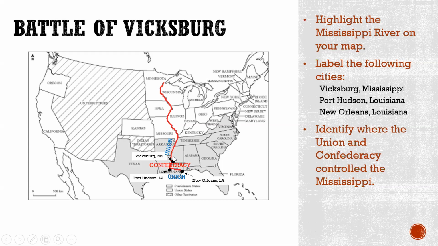However, when the Union takes control at the Battle of Vicksburg, at the Siege of Vicksburg, when the Union takes control of that itty bitty portion, there's no way that Texas and Louisiana can get anything over to the western portion. So they have devastated this section of the Confederacy. It really is going to depend on Texas for items to help during the war.